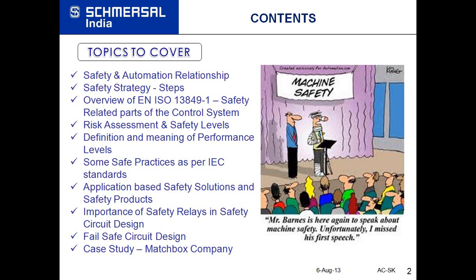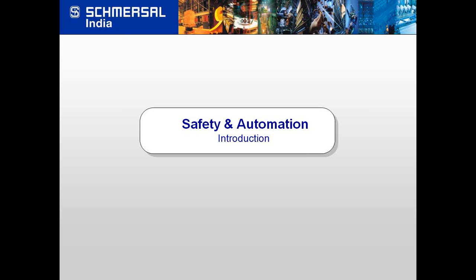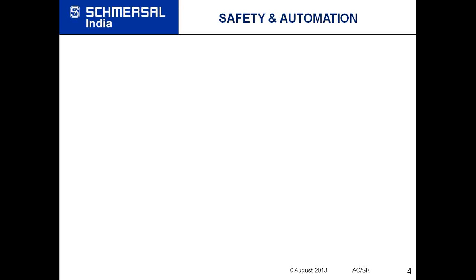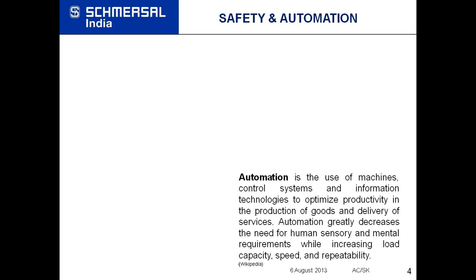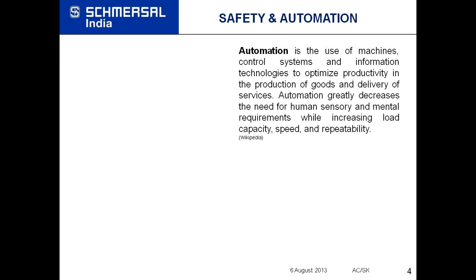So we start with our relationship between safety and automation. Let's go back to our definitions, which I have taken from, say, Wikipedia regarding automation. We all know what automation is. It is the use of machines, control system, and information technologies to optimize productivity.